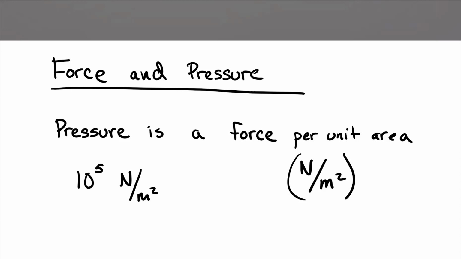Or have you ever heard of pounds per square inch, PSI? On Earth, it's approximately 14 pounds per square inch. That's just being a human. That's what's being exerted on you at all times. But we're going to stick with the SI units, the metric system, as we go through these problems.